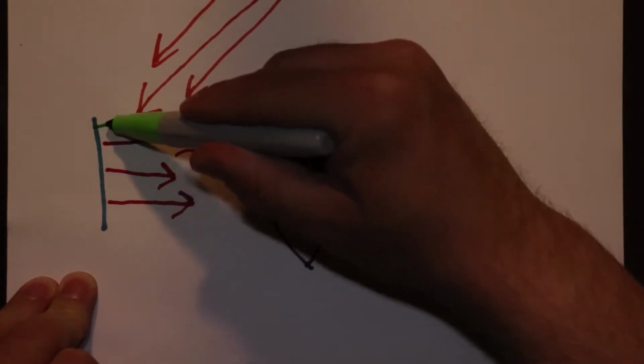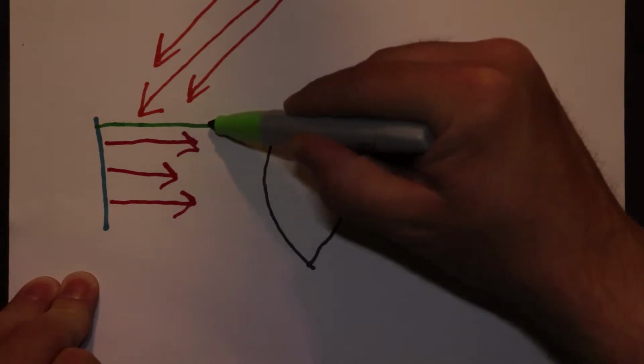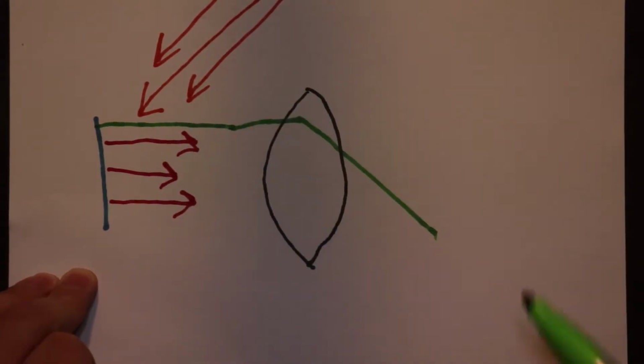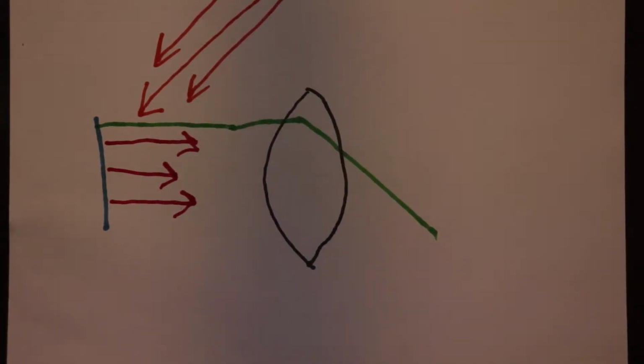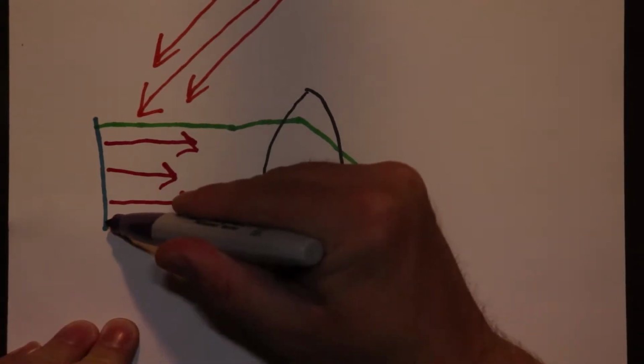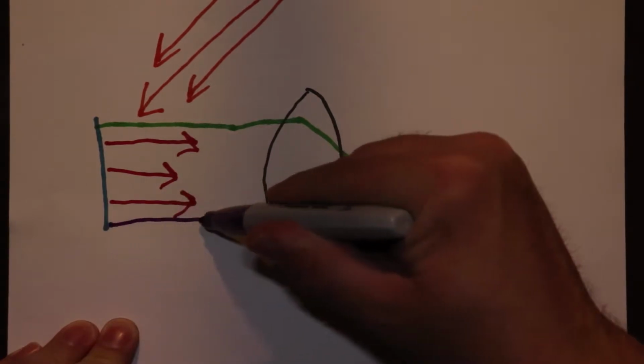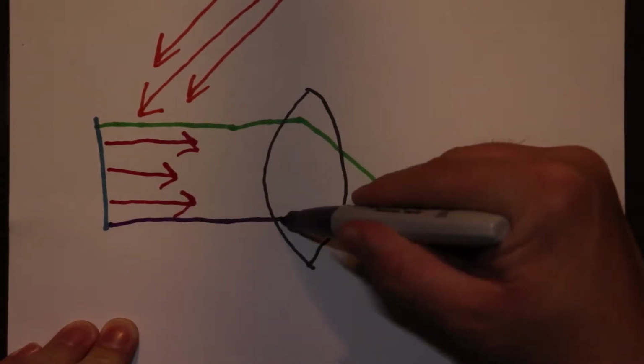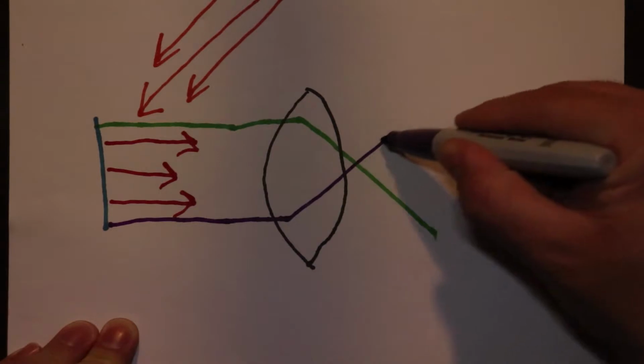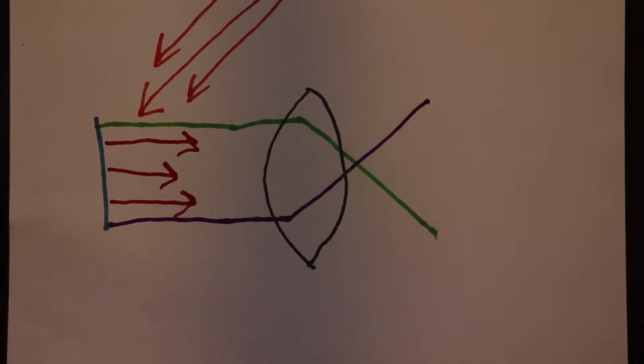So from the object at the top, the light is redirected down. From the object at the bottom, the light is redirected up.